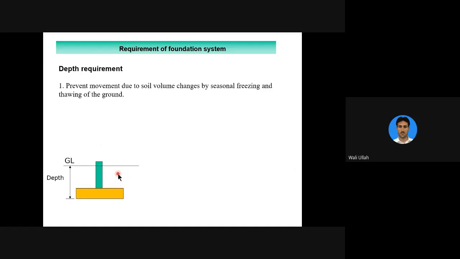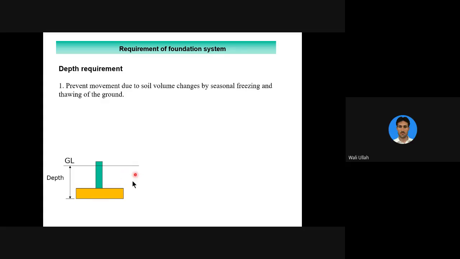As the moisture in the soil freezes, the volume increases, and when the temperature outside shoots up, it thaws. When it thaws, it melts and shrinks. So the top surface of the soil is subject to both these volume changes.